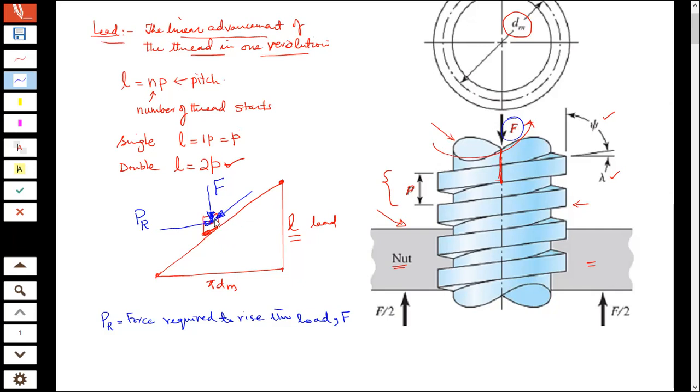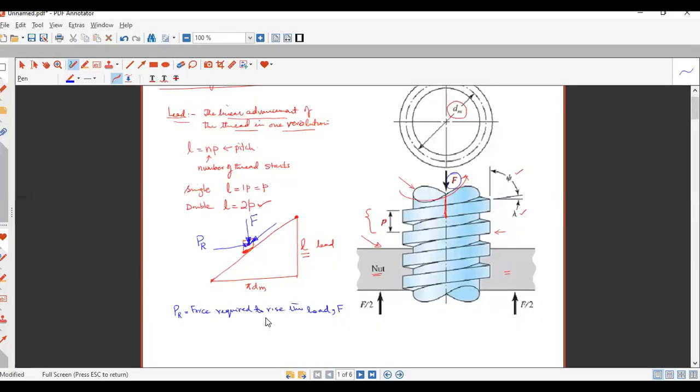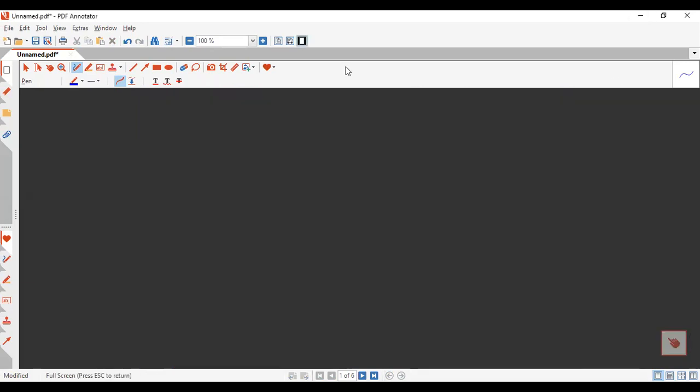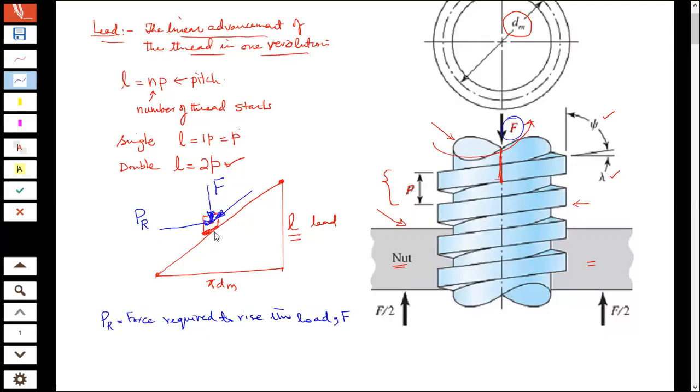And since I have F, there is going to be another load which will be acting normal to this plane. Let's call that normal N.